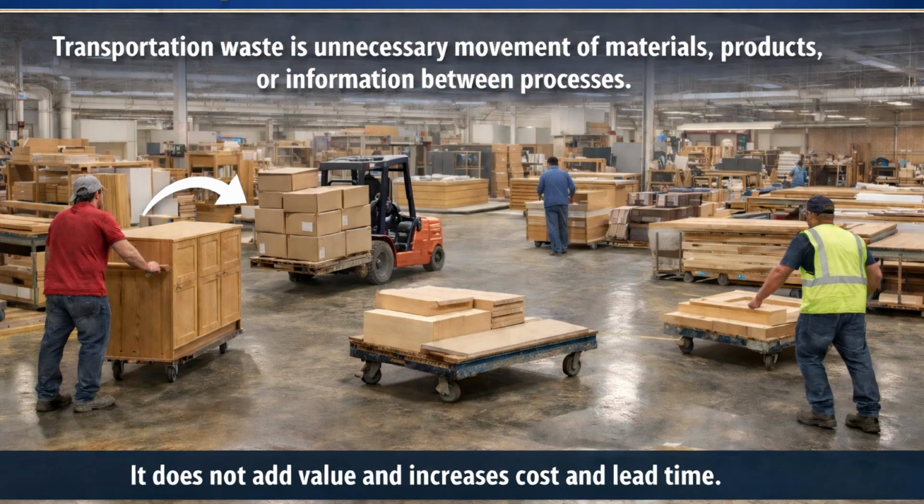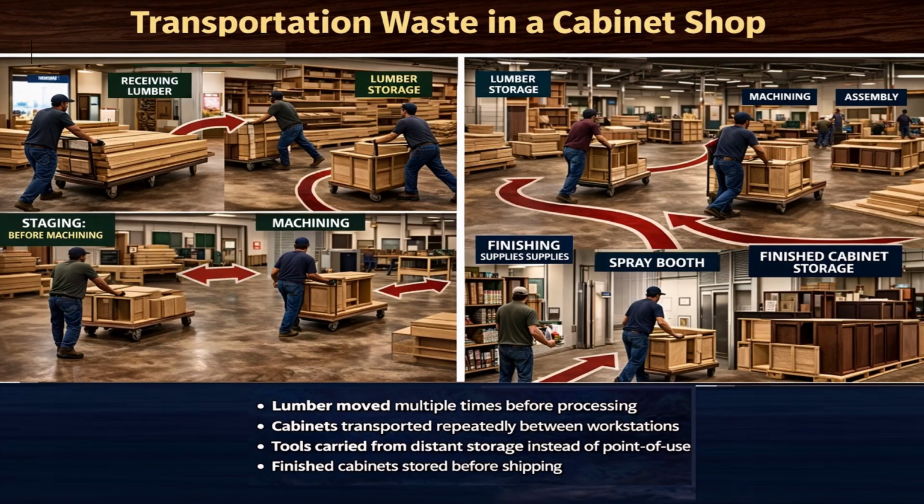A few examples in a cabinet shop could be things like moving lumber from the delivery area to a primary storage location, then later moving it again to a staging area before processing. Or transporting partially assembled cabinets across the shop multiple times between workstations. It can also be things like walking tools from a storage location to a workbench instead of having them stored at point of use.